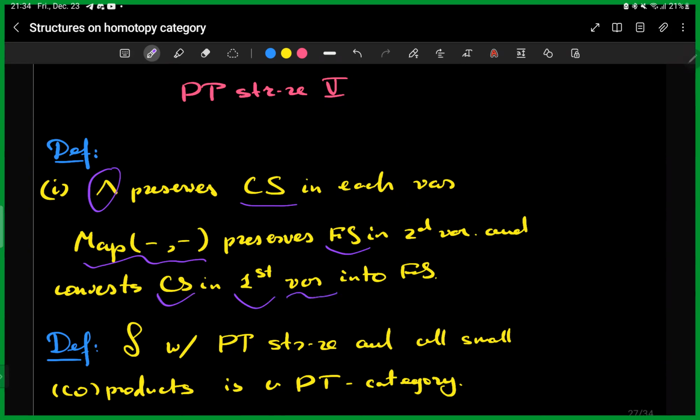So that's basically the list of all axioms. And we say that S with pre-triangulated structure and all small coproducts is a pre-triangulated category. Sorry, not just products and coproducts. So we call it a pre-triangulated category.